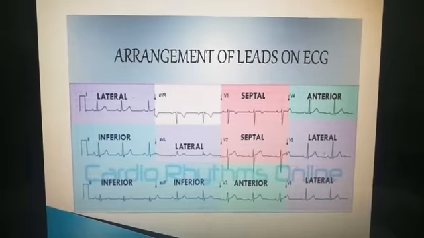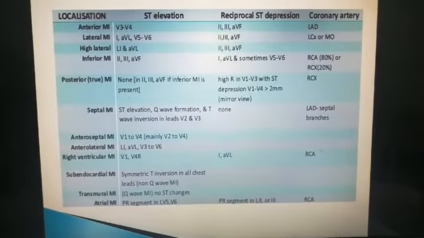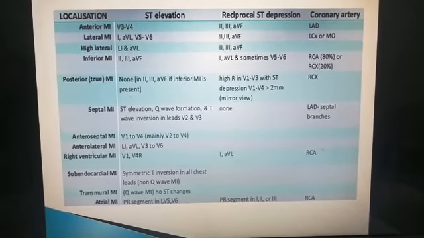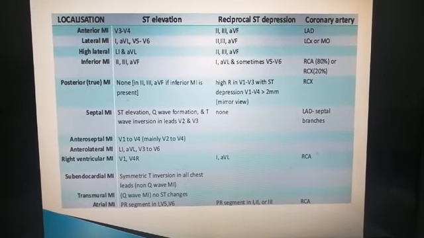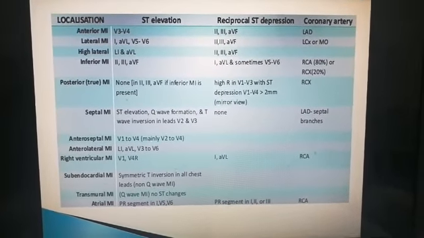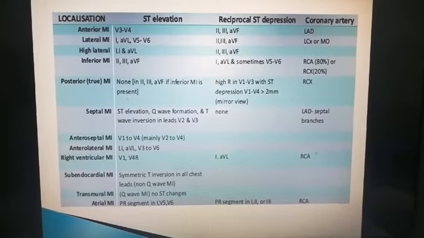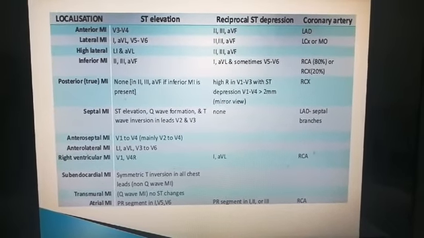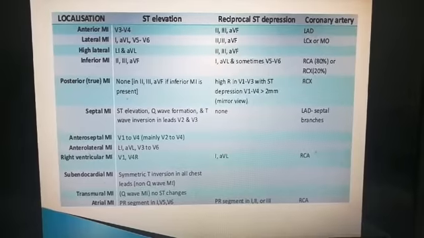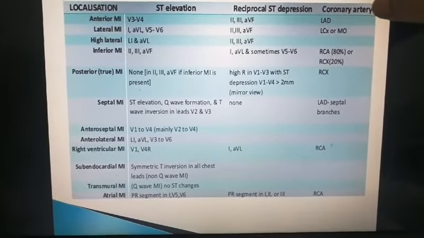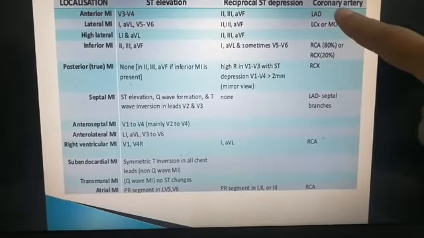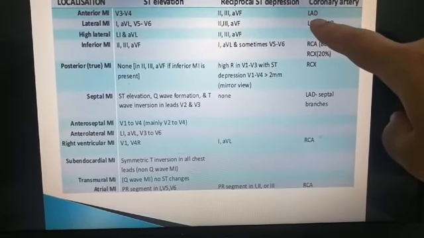So these are the portions. You can also see in the coming slide like this: in anterior wall MI, V3 and V4 have ST elevation. And the artery involved here is the left anterior descending artery. You can see here the coronary arteries, the left anterior descending artery.